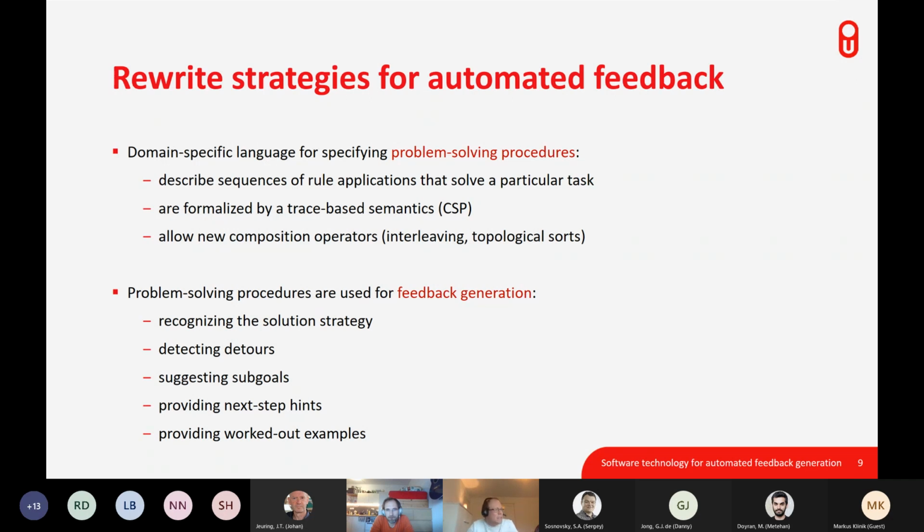And you can think of all kinds of different feedback that we can generate from these procedures. For instance, to recognize the solution strategy that a learner is following, we can detect detours. So if someone is doing steps that are not smart at this particular point in time, we can suggest subgoals, provide next steps, provide worked out examples, etc.